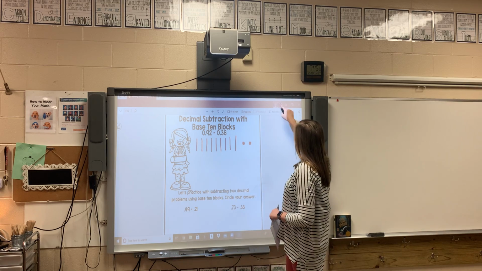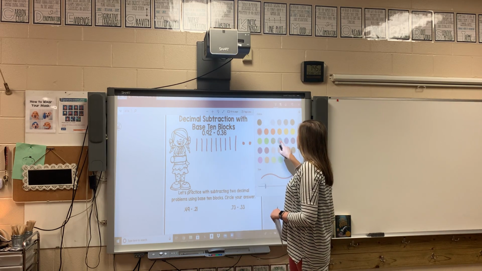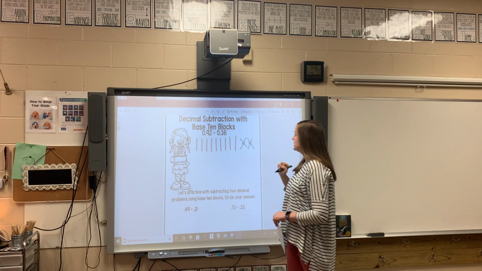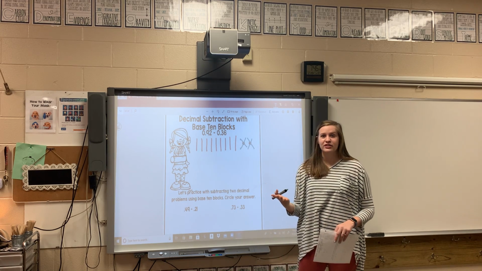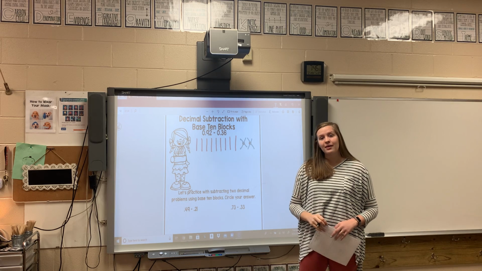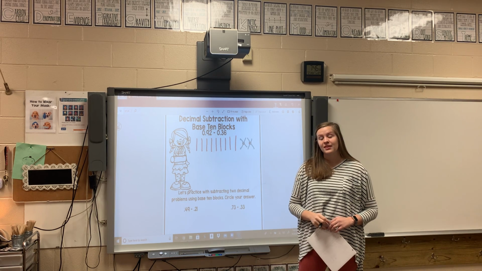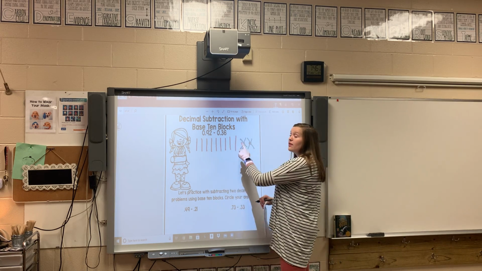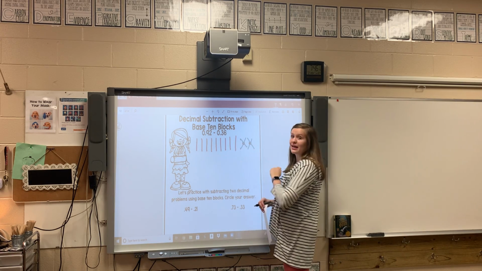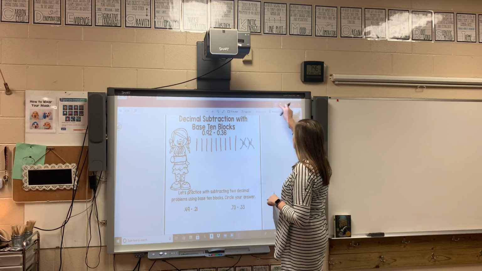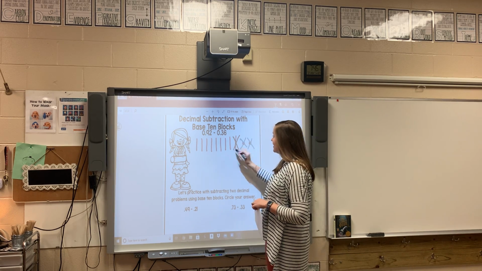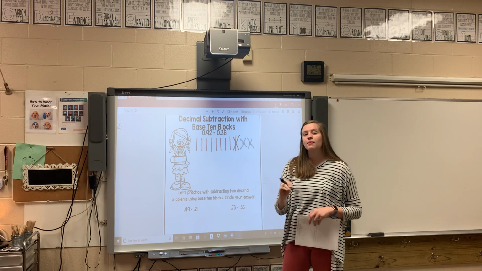All right, so I'm going to change my colors so we can take away. 1, 2, uh-oh, I ran out of hundredths to take away. What do you think I'm going to do? Just like in regular subtraction, I need to borrow from my tenths place, right? So I am going to exchange 1 tenth for how many hundredths?